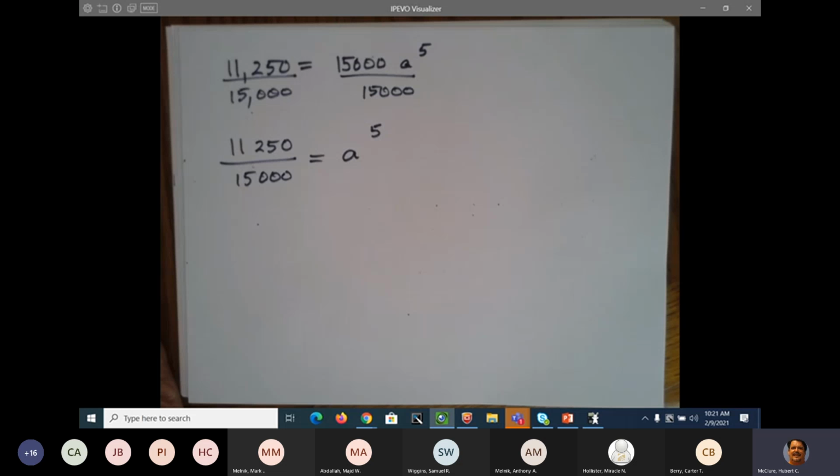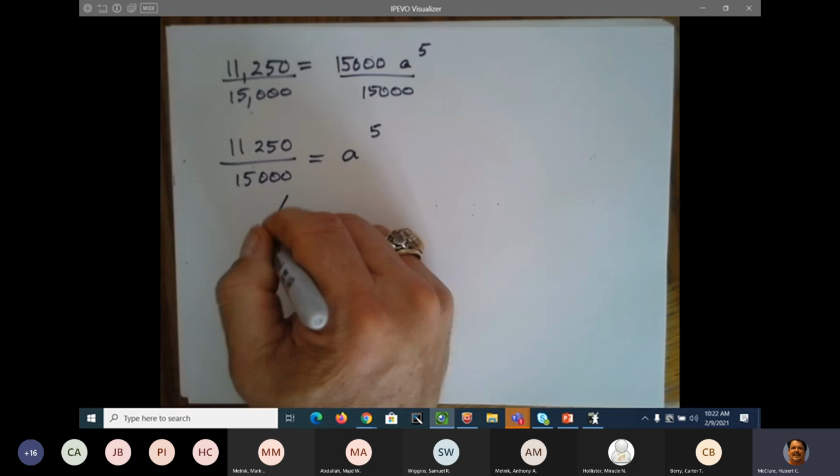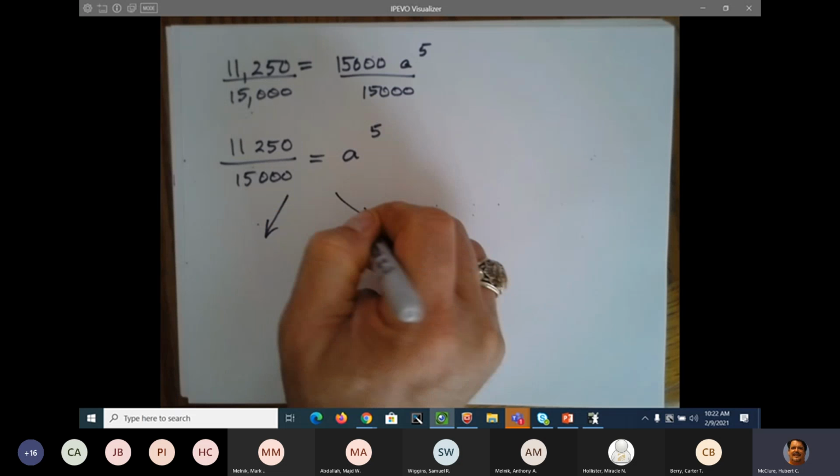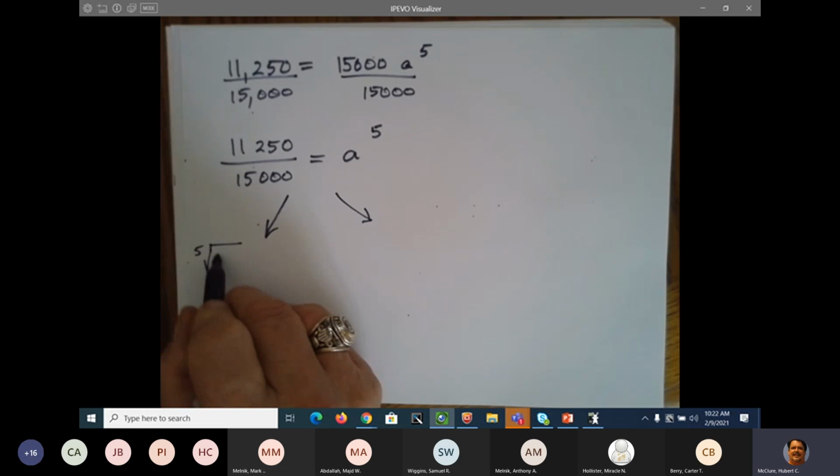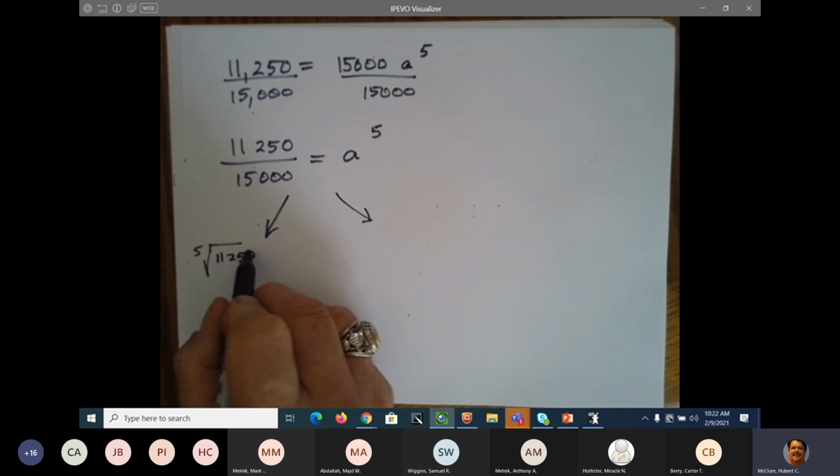All right. There's two ways to undo a power. You take that root of the power. So I can do two things. I can take the 5th root of 11,250 over 15,000 equals the 5th root of A to the 5th. And I take my red marker and I take that out.